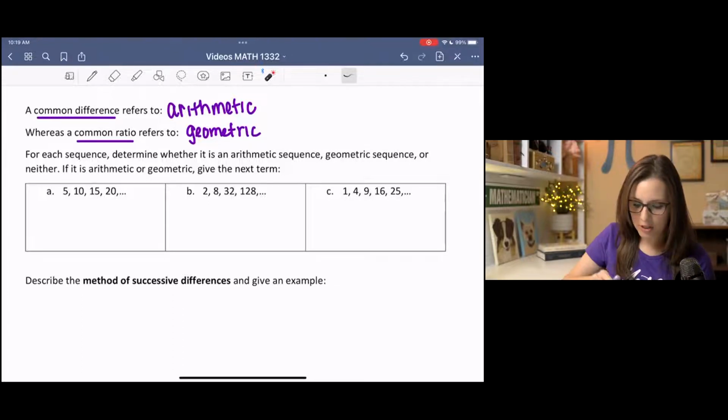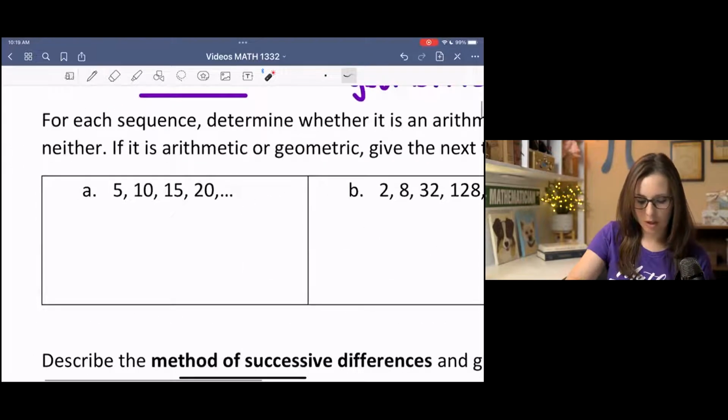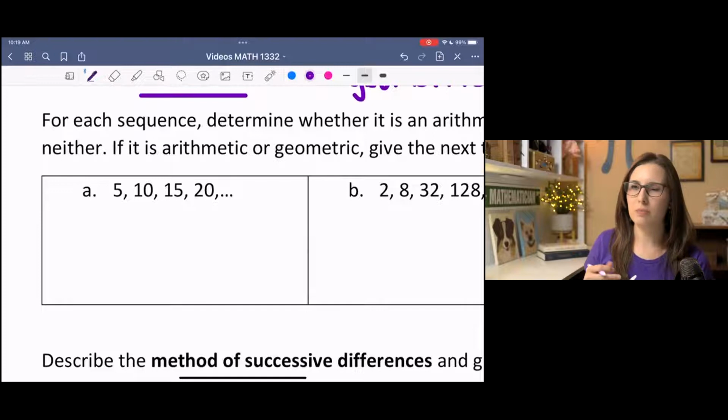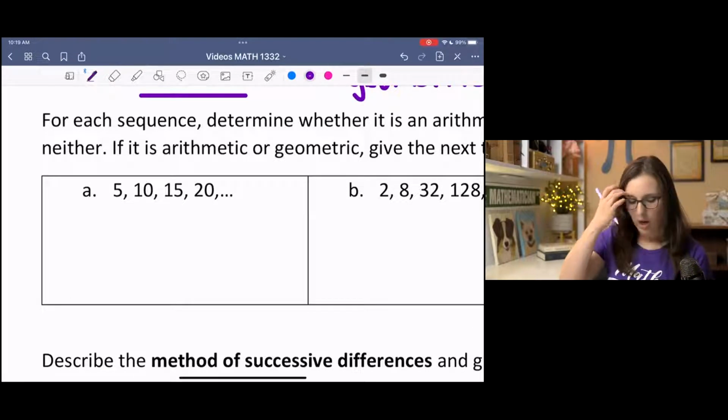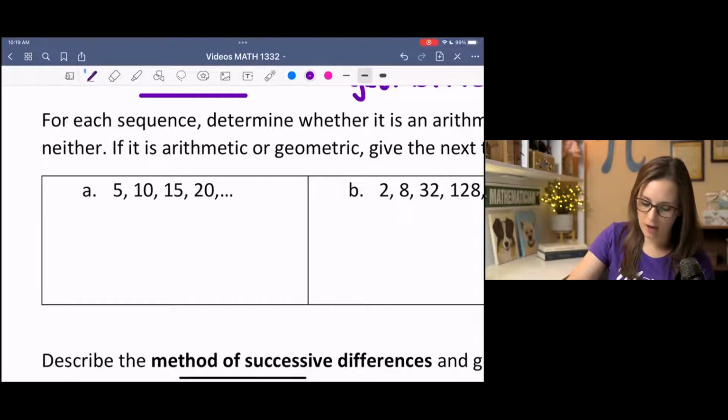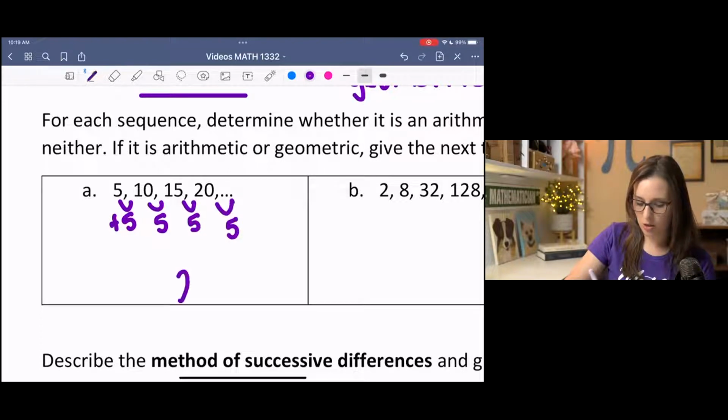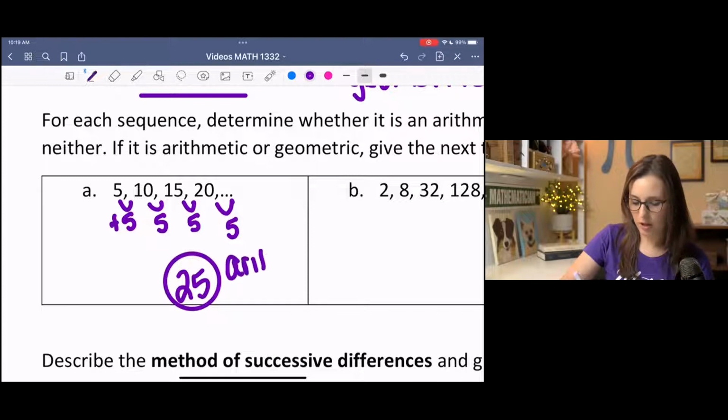So in the first example, arithmetic is usually pretty easy to identify because it's just adding, and adding is pretty simple. You can see here, we're just adding 5 each time. And we can say the next number is 25. And that was based on an arithmetic sequence.